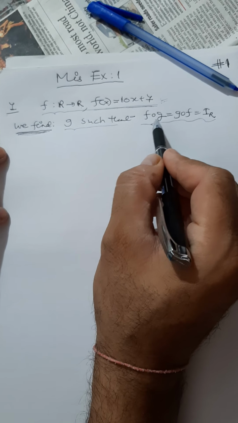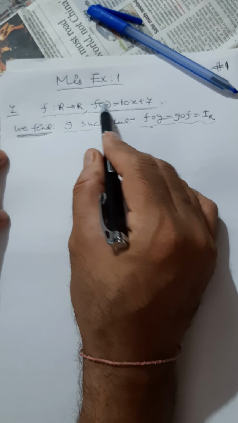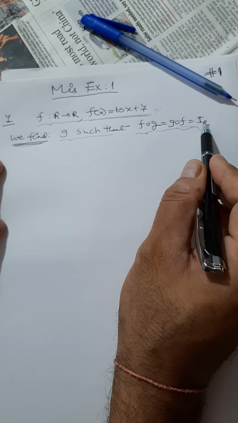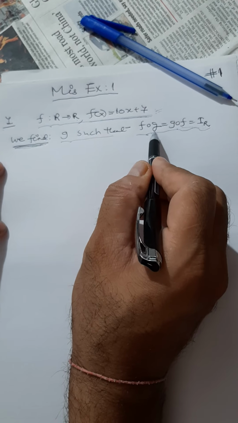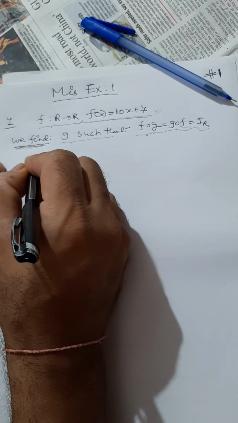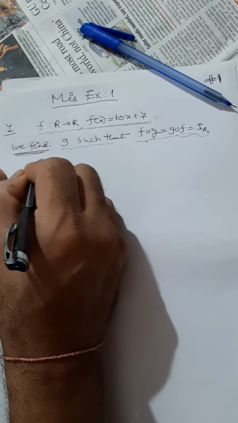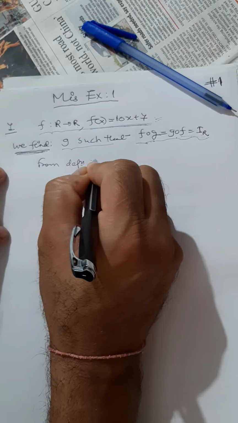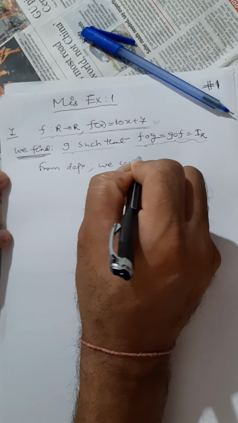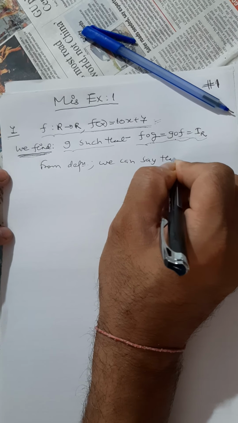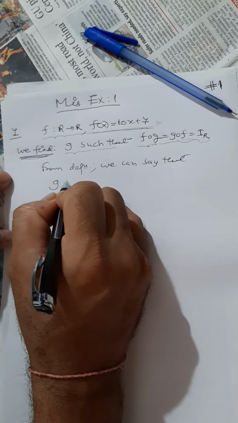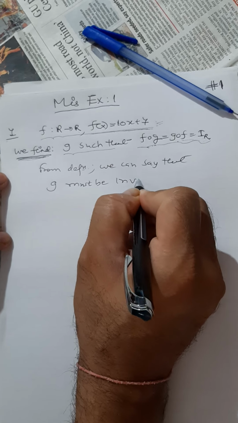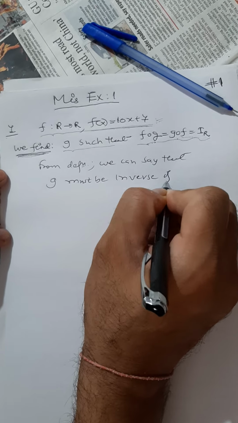Now, you recall, if any function g for a given function f satisfies this condition, that is, f∘g and g∘f both are the identity function, then your g must be the inverse of f. So from the definition we can say that g must be the inverse of f.